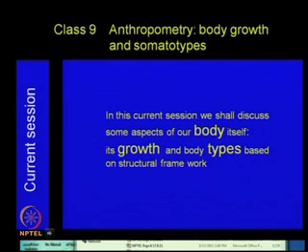So, in the current session we shall discuss some aspects of our body itself and its growth pattern and body types based on our own structural framework.